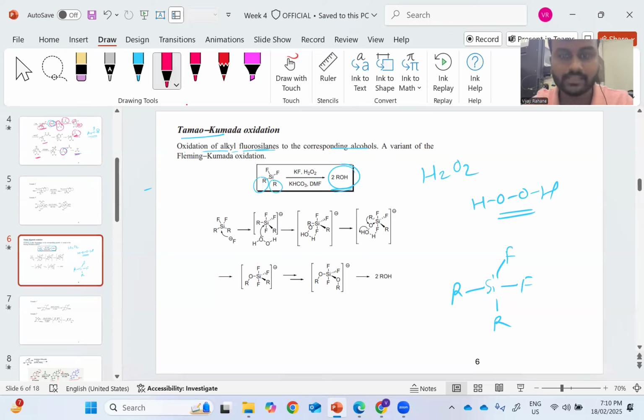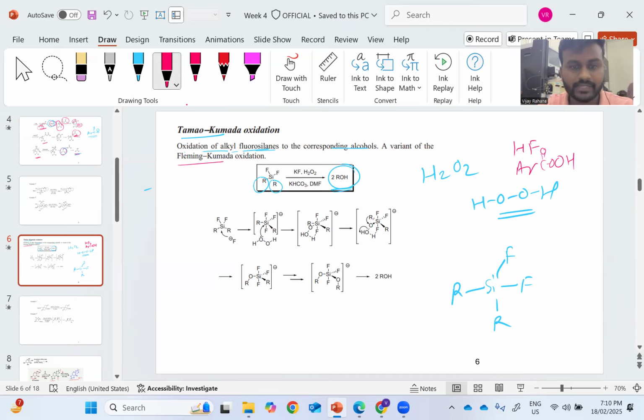In the initial case, it was HF, and also instead of peracid, in the initial case there was R C double bond OH, right? That is the peracid. So this is some kind of modified Fleming-Kumada oxidation reaction, and in this case we are using the KF, that is the salt.